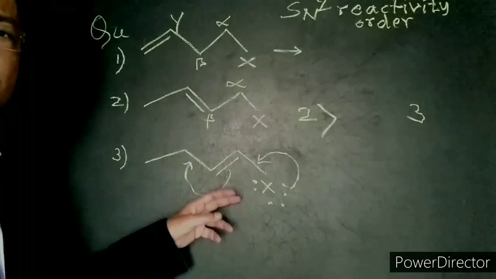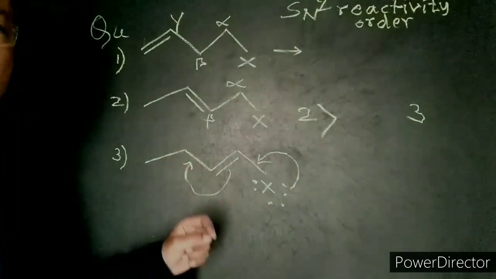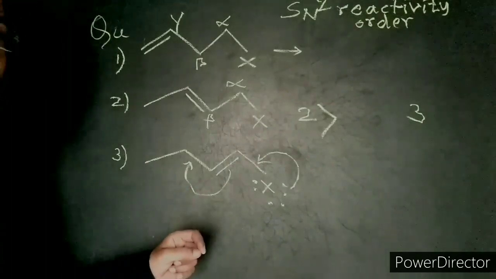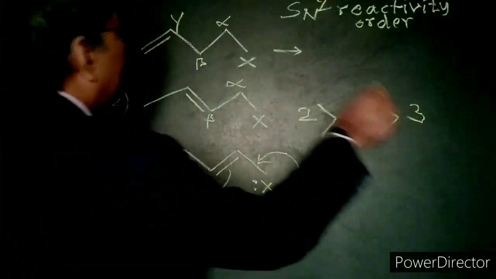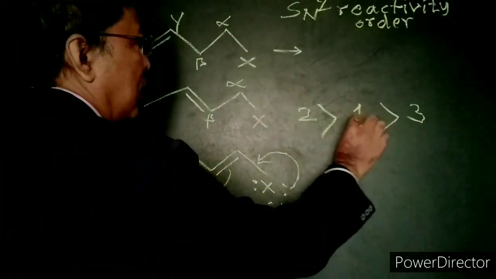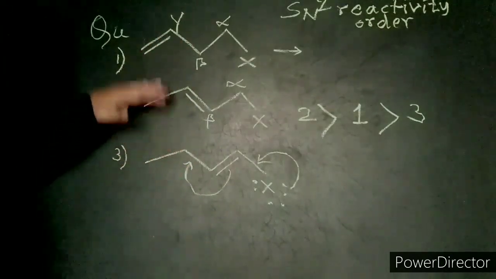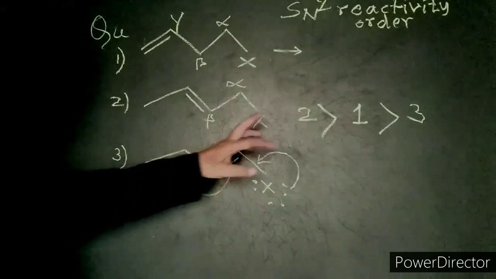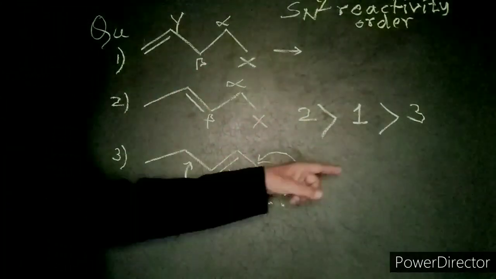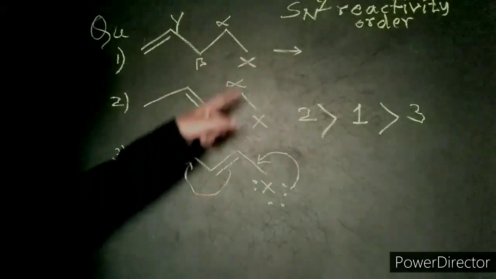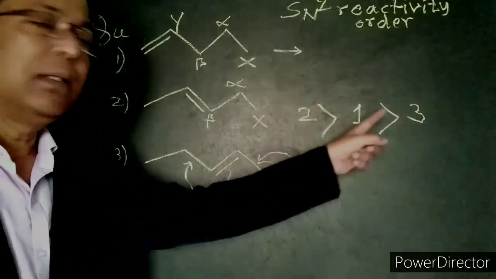We have to remember that vinyl halides undergo very less SN1 and SN2 reactions. They occupy the least position, after the first. So in these molecules, the SN1 as well as SN2 reactivity will be in the order 2, 1, 3. Therefore, in this question, the SN1 as well as SN2 reactivity order is 2, 1, 3.